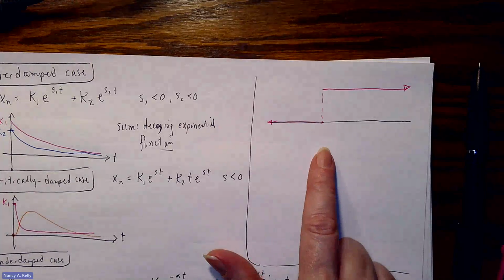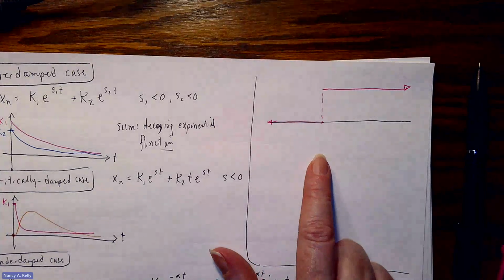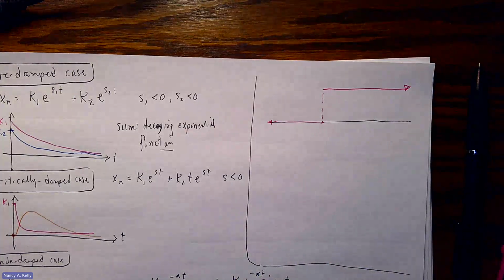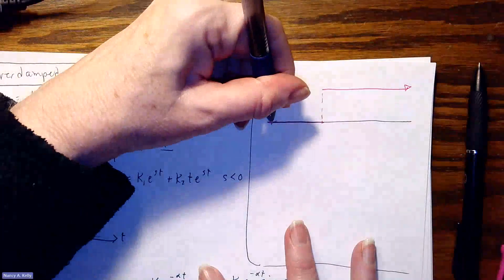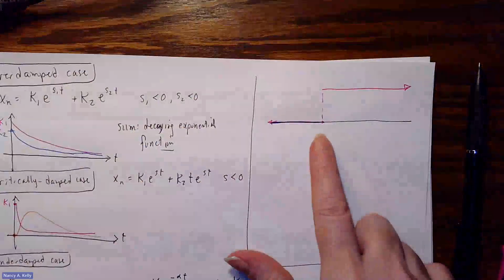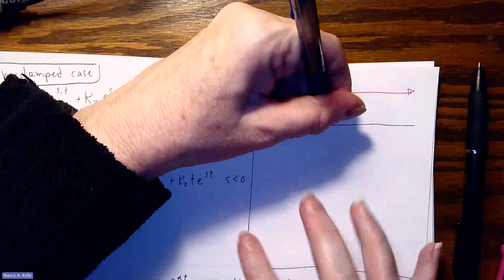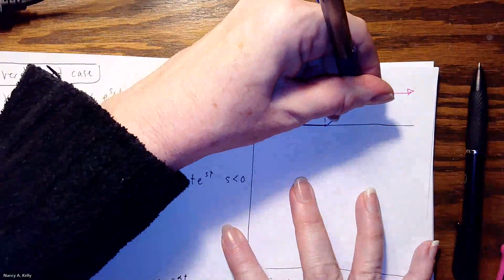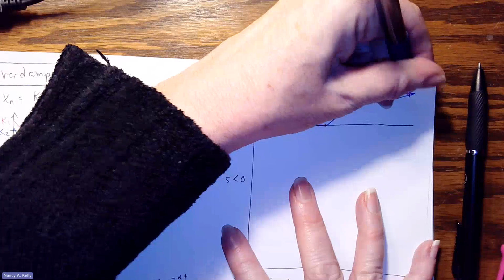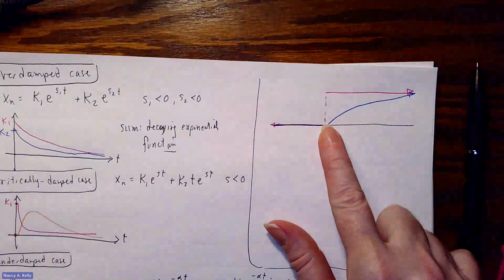If you have something that is overdamped, then what that implies is you're going to have a response. It'll start here, okay, but then it's going to be rather sluggish. It will eventually reach the target, but it takes a little bit of time to do it. So that's overdamped, okay?